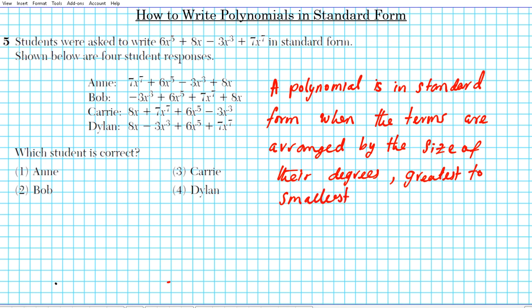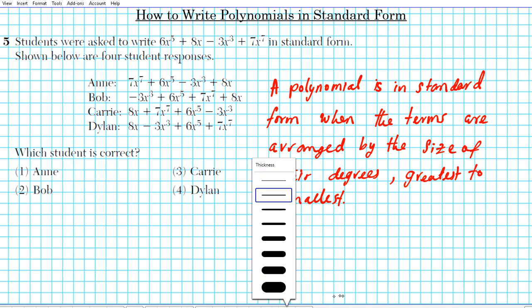Okay? So if we order the terms of a polynomial by the size of their degrees from the greatest to the smallest, now that polynomial is going to be in standard form after the arrangement.